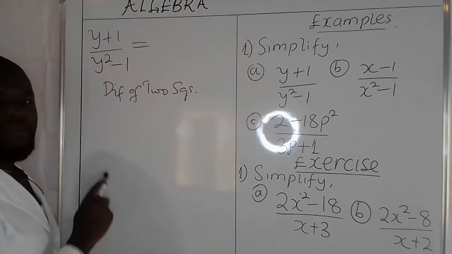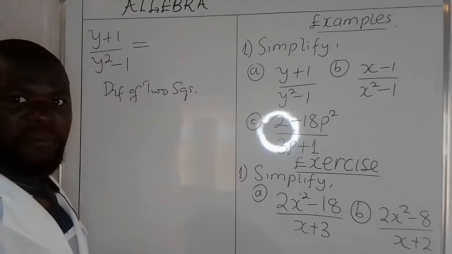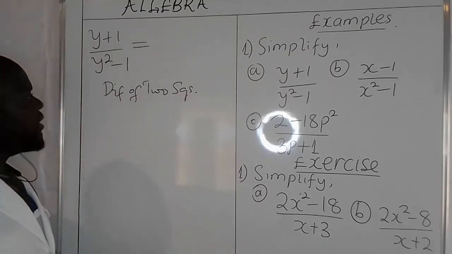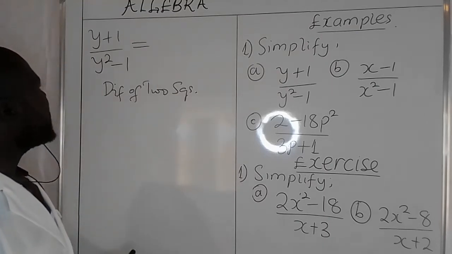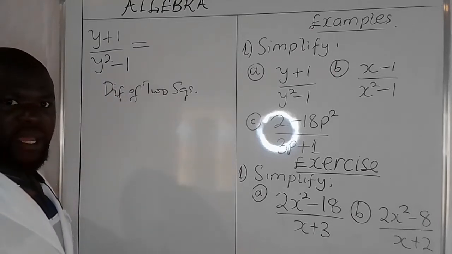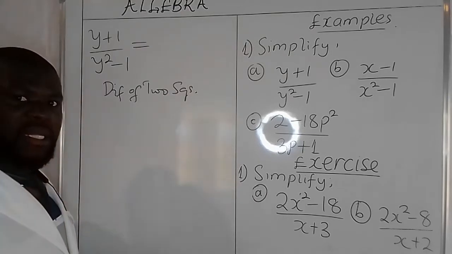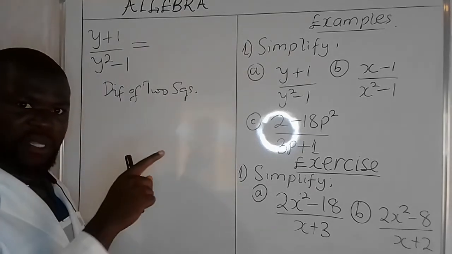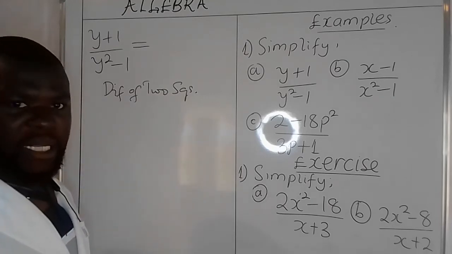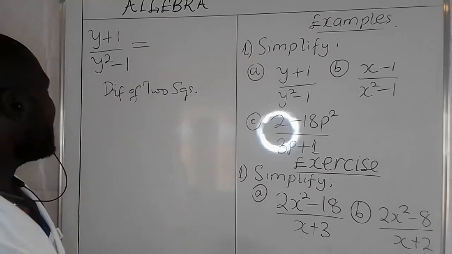Y square is a square and of course 1 is a perfect square. You have a square on the left hand side and a square on the right hand side, and you have the difference, which is in subtraction. So we need to work on this one.